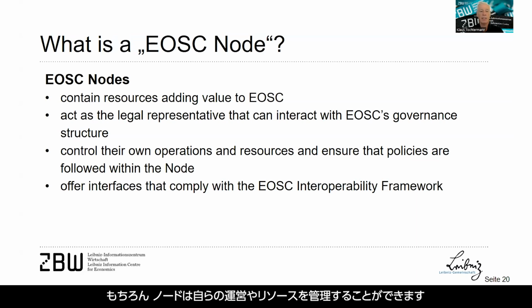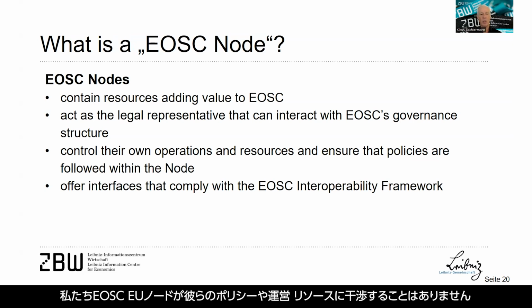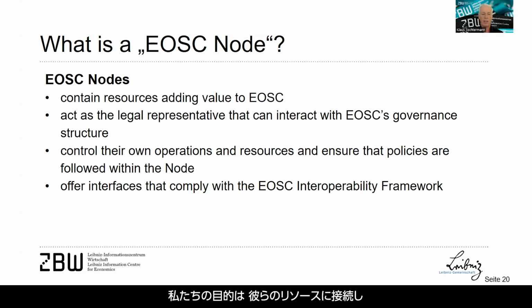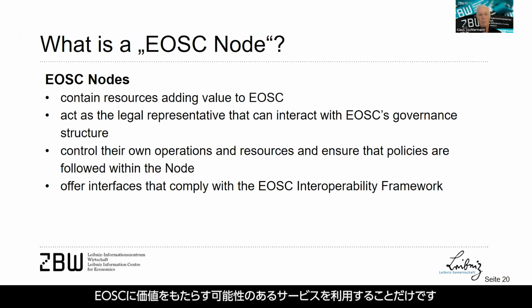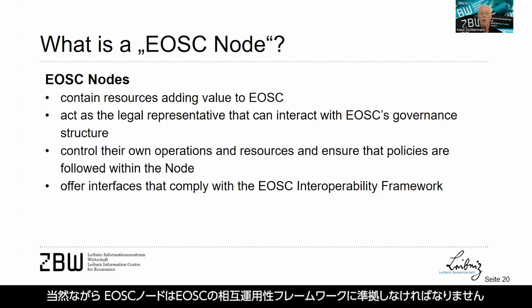Of course, the nodes can control their own operations and resources. We, from the EOSC EU node, will not interfere with their policies, their operations and resources. We just want to connect to their resources and may use the services they have, which might be of value to the EOSC. Of course, an EOSC node must comply with the EOSC interoperability framework.